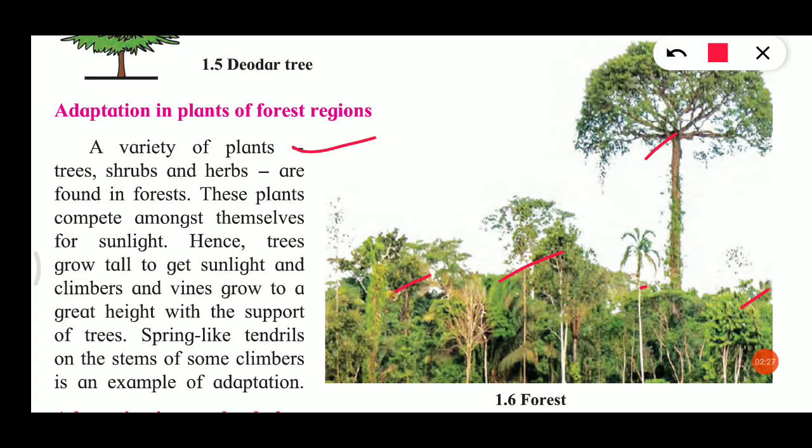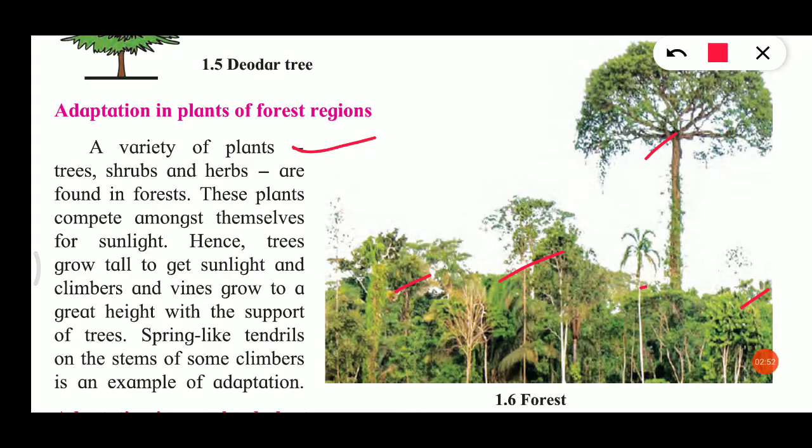A variety of plants, trees, shrubs and herbs are found in the forest. These plants compete amongst themselves for sunlight. Why will they compete? Why will there be competition among trees? Because they want sunlight, therefore the trees grow higher and higher to get more sunlight.